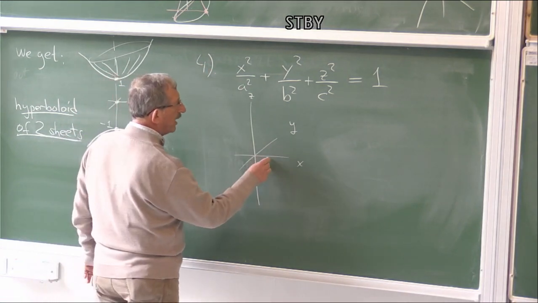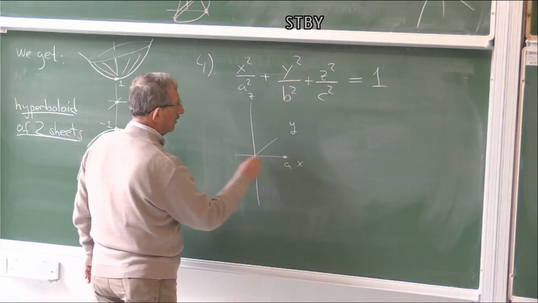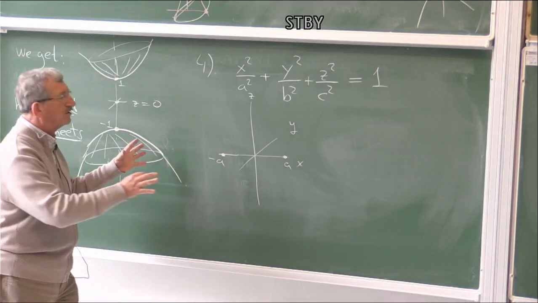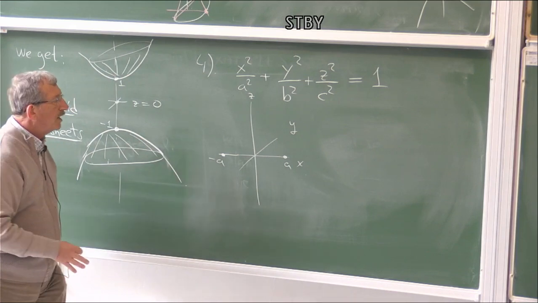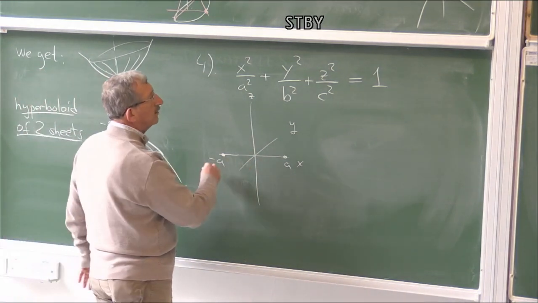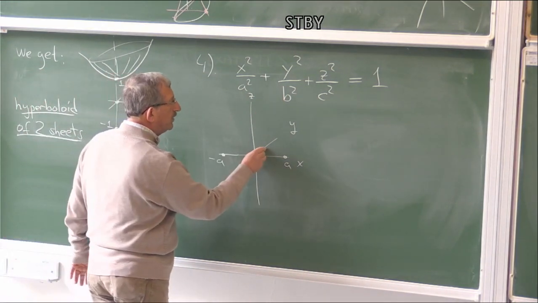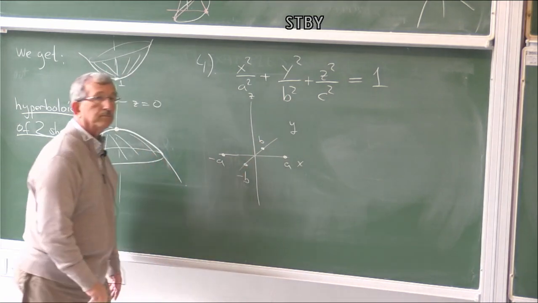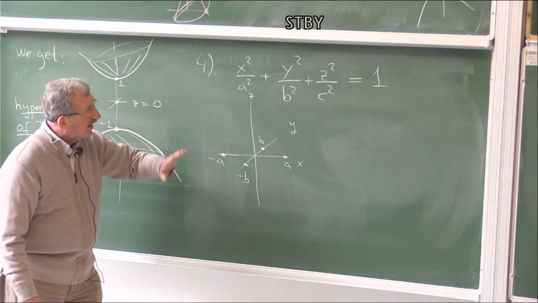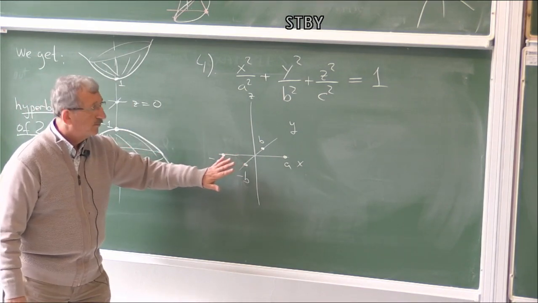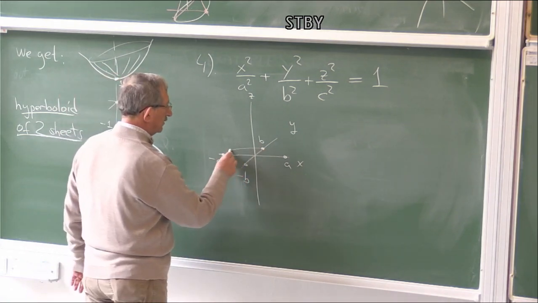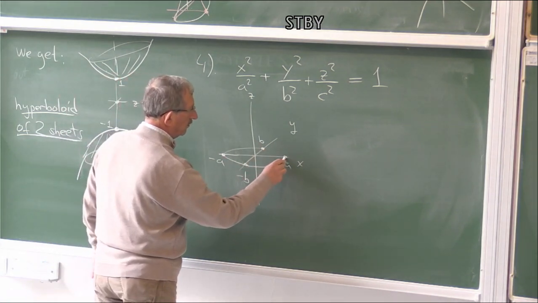So we have here a, and here minus a as the largest possible values of x. For y, the same thing happens with b, and they need not be the same, of course. And for z equal to 0, on the xy plane, we get a nice ellipse.